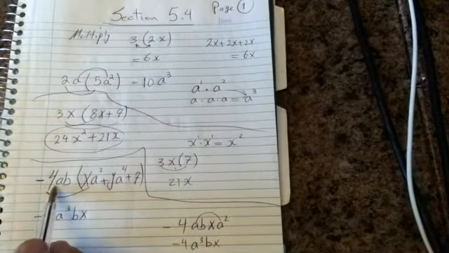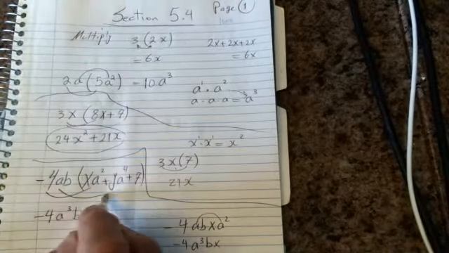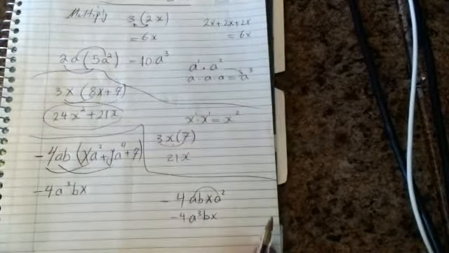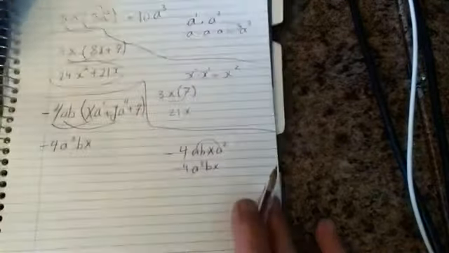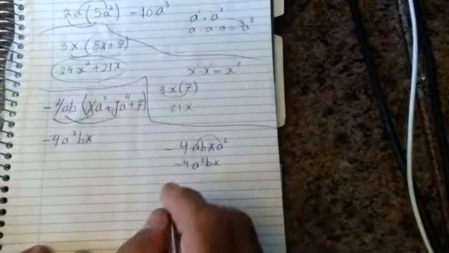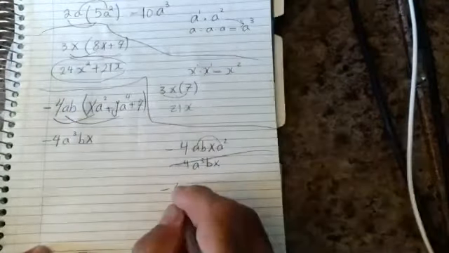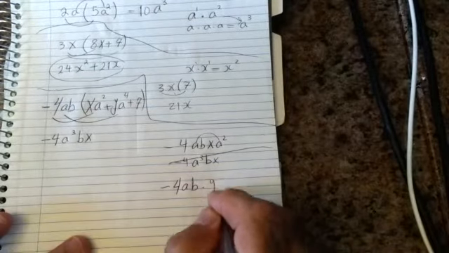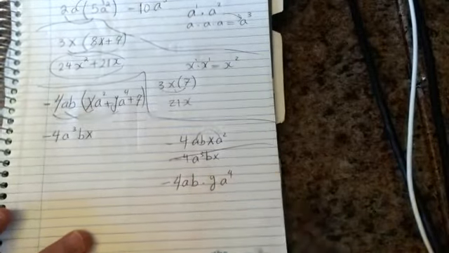Now, I'll bring minus 4ab this time and multiply by ya4. Minus 4ab and you want to multiply that by ya4.